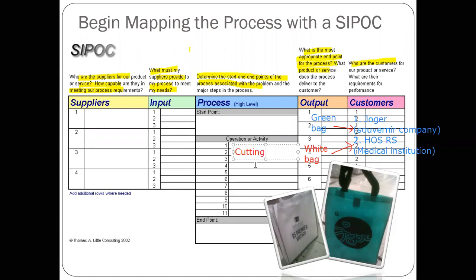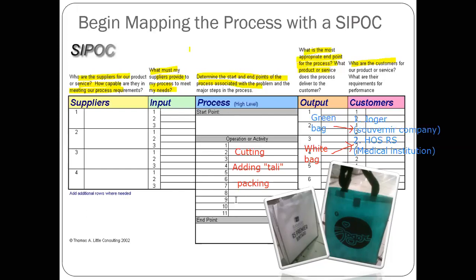The second one is adding the accessories, like adding the tali, the string, into the bag. And the final one is maybe packaging, packing the bags into ten pieces in a pack.